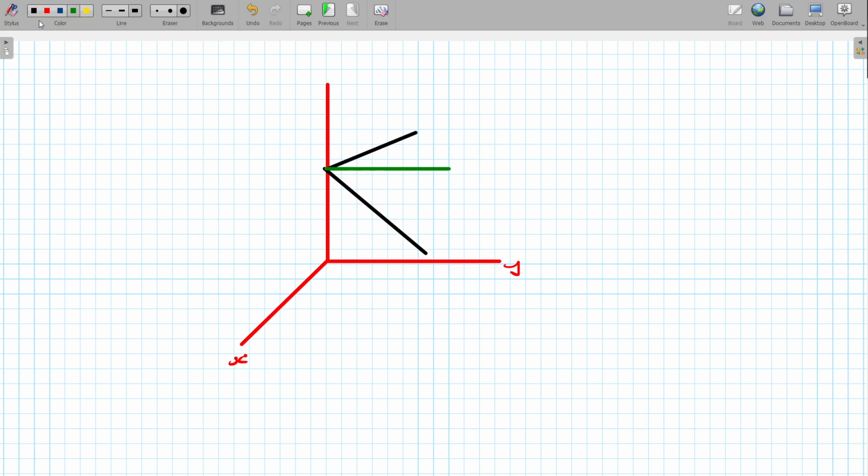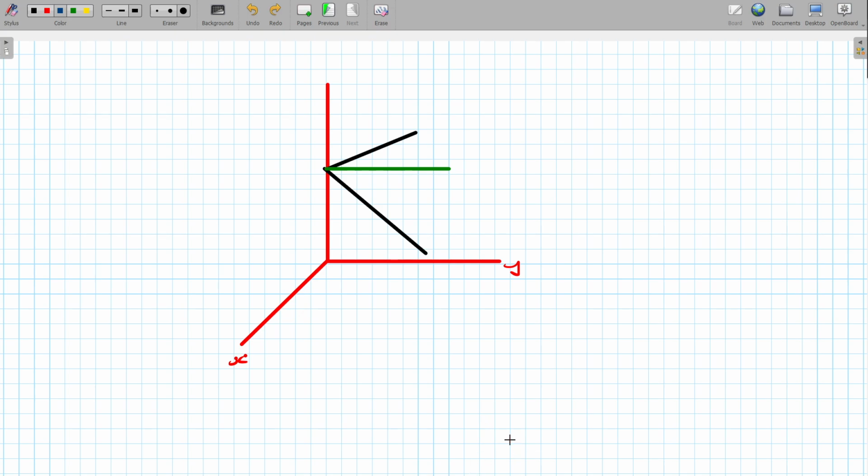The reference frame that is absolute is going to be in red, then the moving frame is going to be in black. Then let me indicate the unit vectors in blue. For the reference frame that is fixed, we have the Cartesian coordinate system here, with the vectors i, j, k.